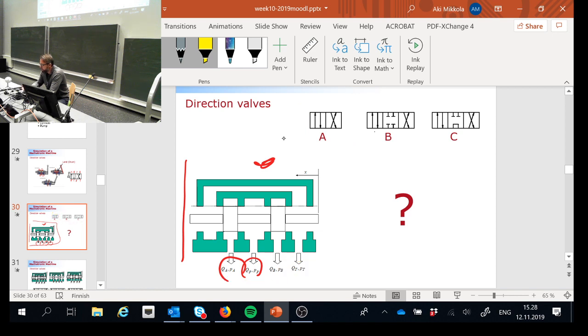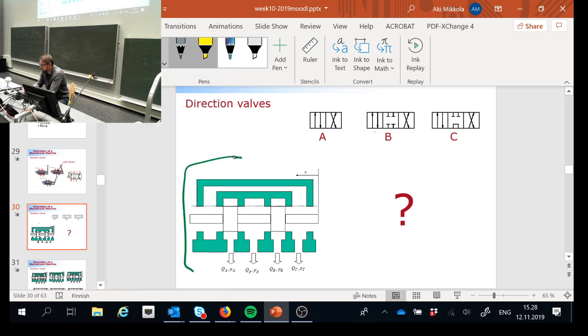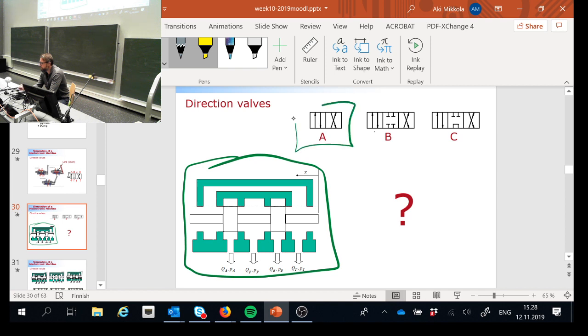Okay, so my question again is, this is how the component looks like. Who is voting for drawing symbol A? You have to vote.